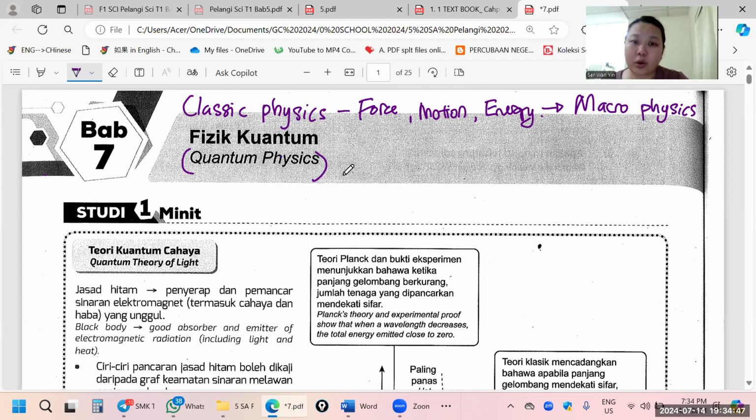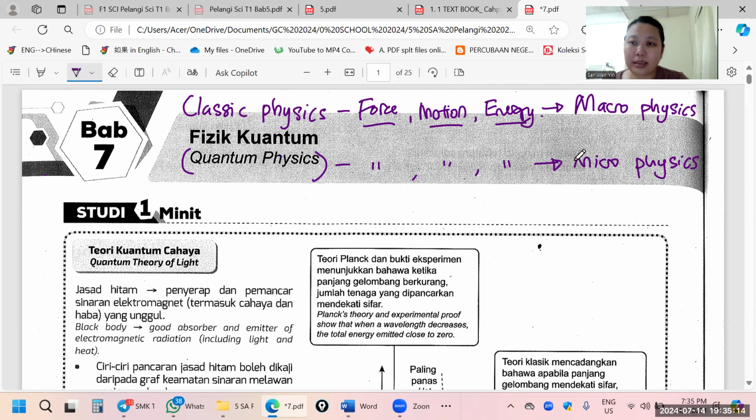But when it comes to quantum physics, actually we still talk about the force, motion, energy. Okay, but now we talk about microphysics. Okay.